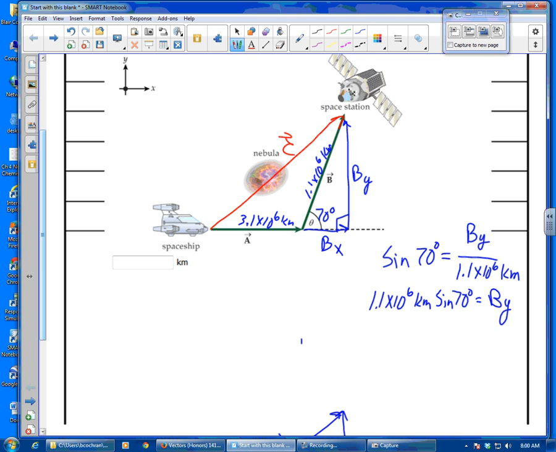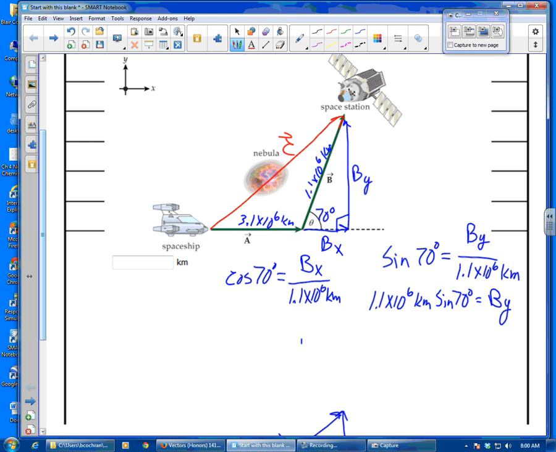And I'm going to figure out B sub x. B sub x is next to the angle, so that's adjacent to it. As soon as I hear adjacent, in SOHCAHTOA, CAH has the adjacent in it, so I think cosine 70 degrees equals adjacent, B sub x, over hypotenuse, 1.1 times 10 to the 6th kilometers.